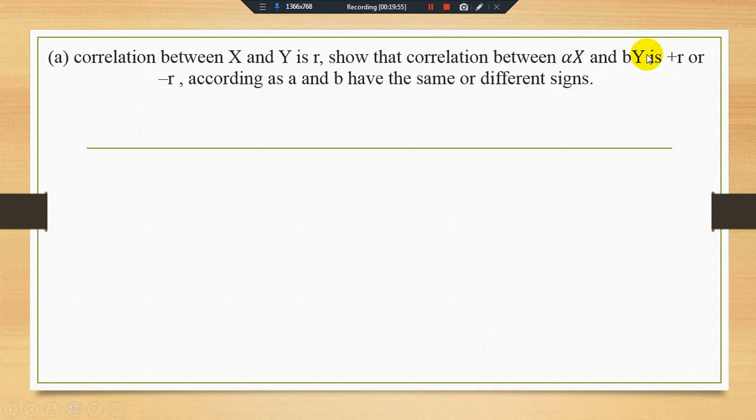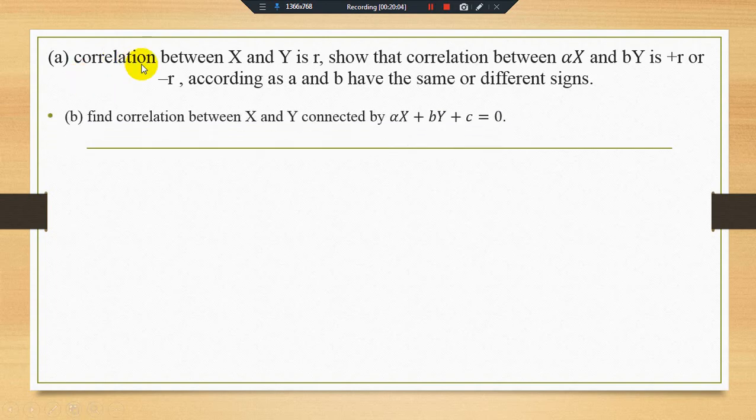So if a and b have different signs, then what is the sign of the correlation of the variables? And second, we have to find the correlation between x and y connected by a straight line, ax plus by plus c is equal to 0. So let's start the solution of these two conditions and find what the expected sign of group data correlation is.